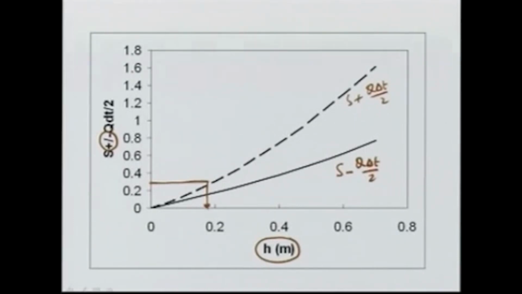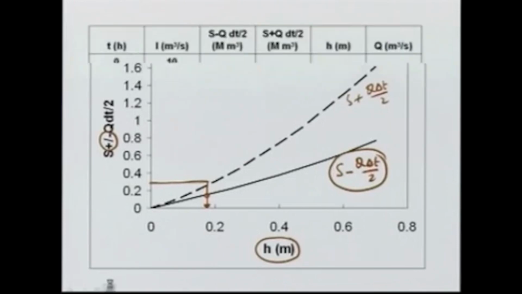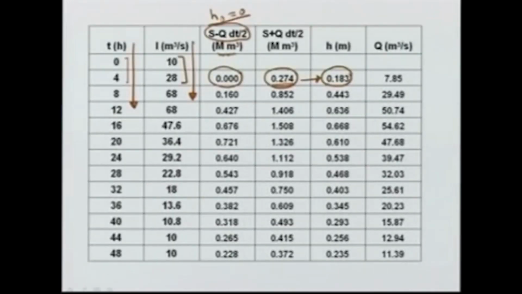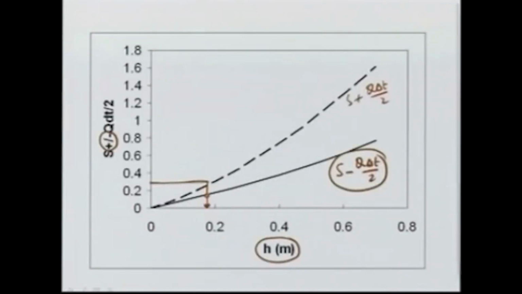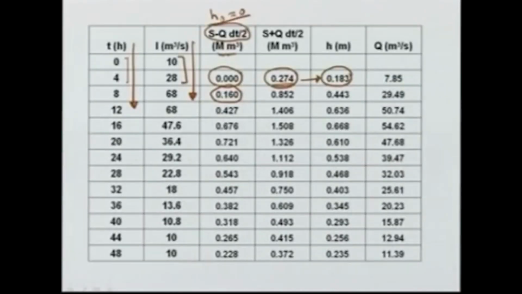Now, for this 0.183 we can obtain the value of S minus q delta T by 2 again from this figure. So, S minus q delta T by 2 for the next step will turn out to be about 0.16. So, that is what we have done here.